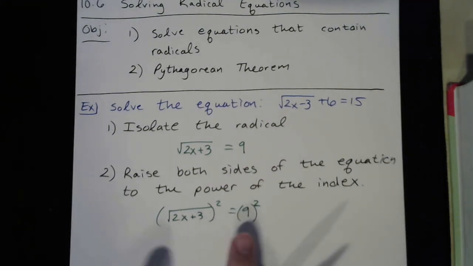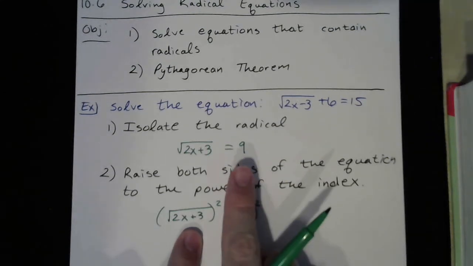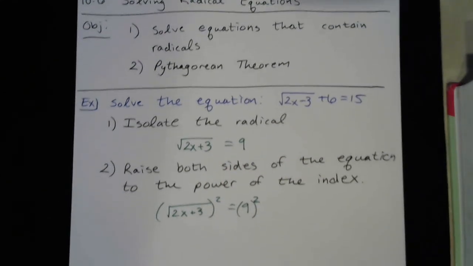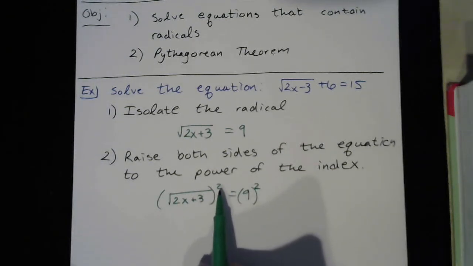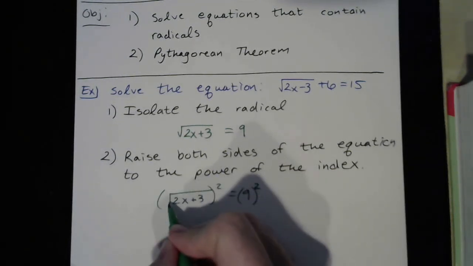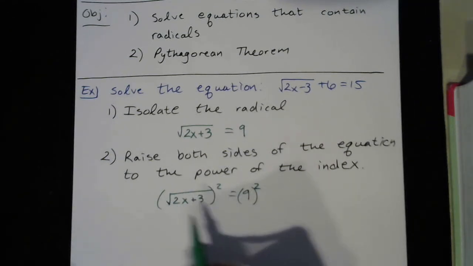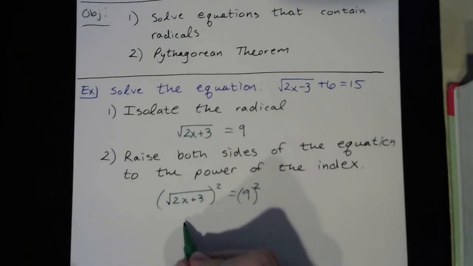So it's a good habit to put both sides of your equation in parentheses, because it's not always just going to be a 9 or a number over here. Put both sides in parentheses and then square the parentheses, so you're making sure that you're not mis-evaluating each side. But since we are squaring the square root here, that's going to cancel, and we're going to have 2x.